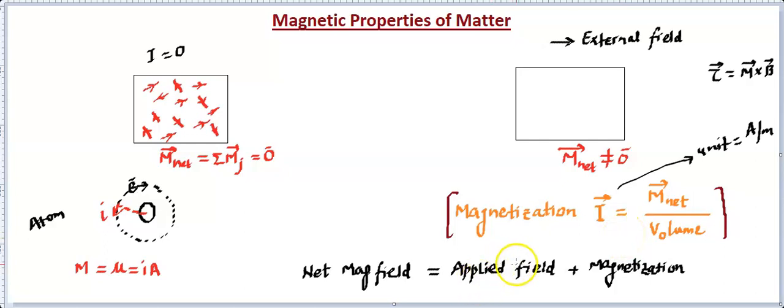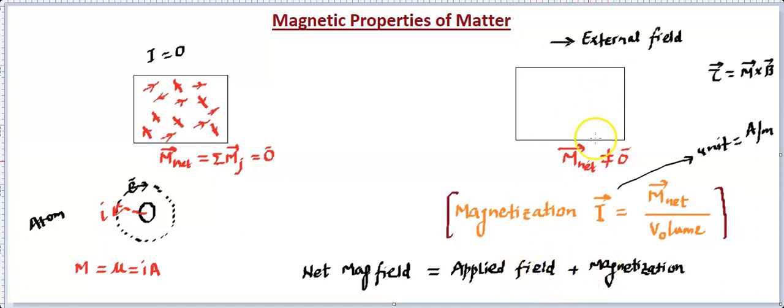Now, since we need to add these two quantities, the applied field and the magnetization, in vector form, we would like to write this external field in such a way that it has the same unit as magnetization, so that we can add them properly, because for addition they should have the same units.